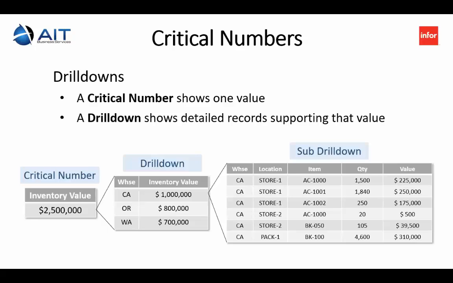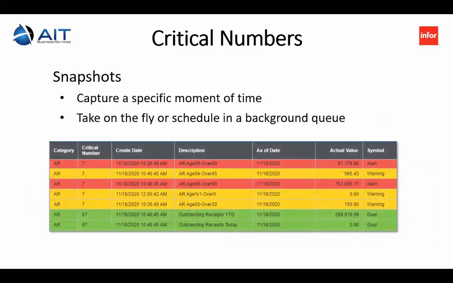So we might decide to start evaluating the cost at which we make some of these higher ticket items, or we may decide to scale back production entirely on them. So that's just a very, very simple example to show that by drilling down into a critical number, you have the ability to give yourself the tools to make these really important executive level decisions. And I just want to move on to our last point though, which is snapshots.